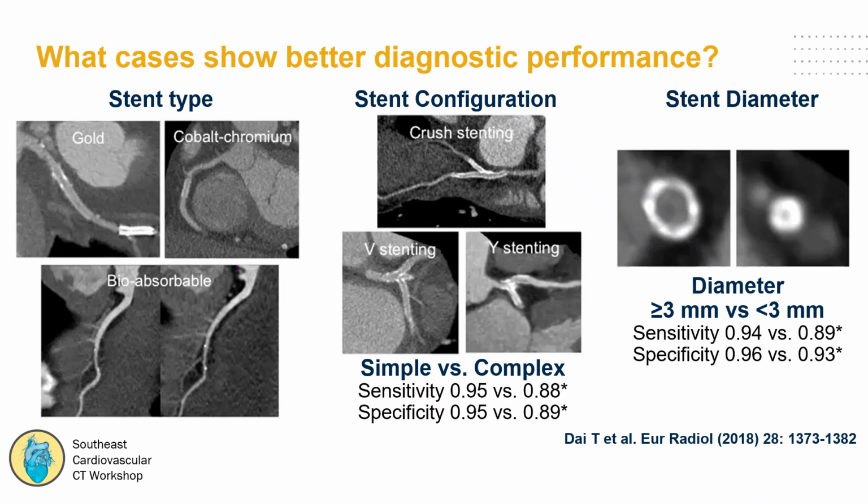So not all stents are equally accessible on CT, and diagnostic performance improves with larger stent diameter, simpler stent configurations, and newer stent materials. You can see that stents larger than 3 millimeters perform significantly better than smaller stents. Similarly, simpler stent configurations are easier to interpret than complex bifurcation or crush stenting techniques.